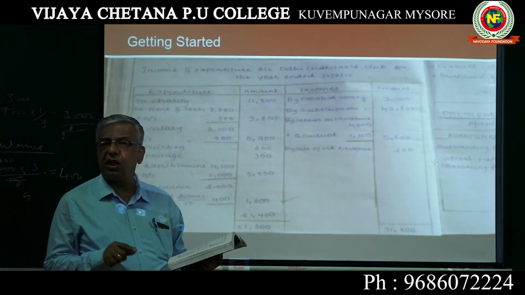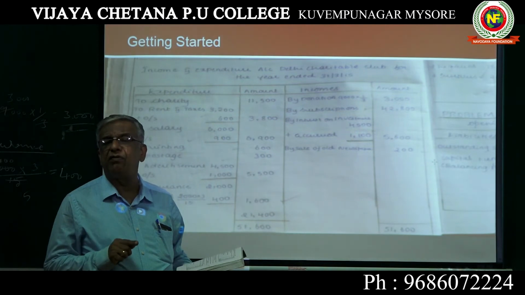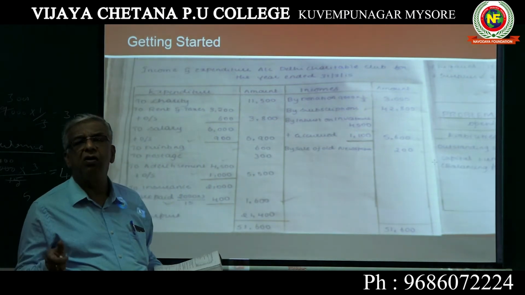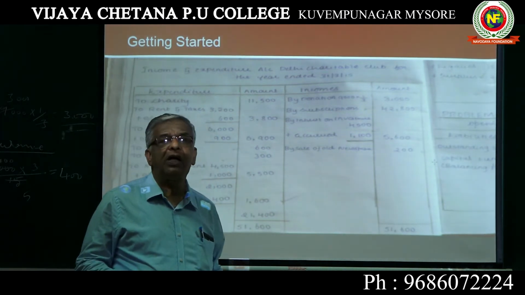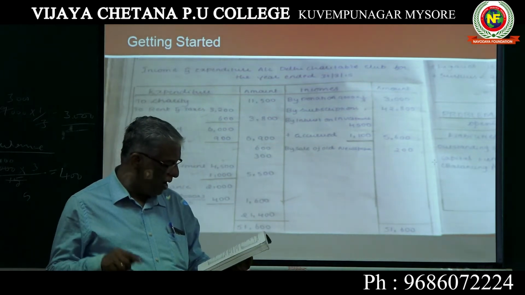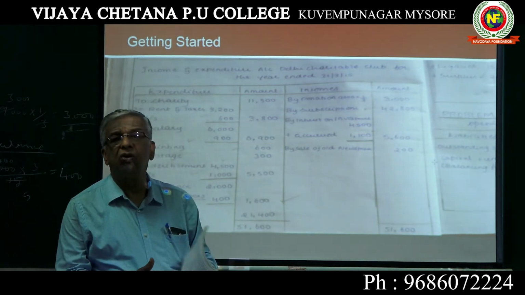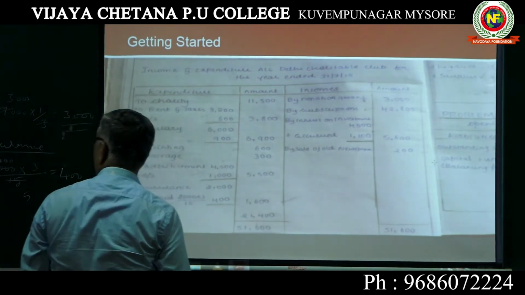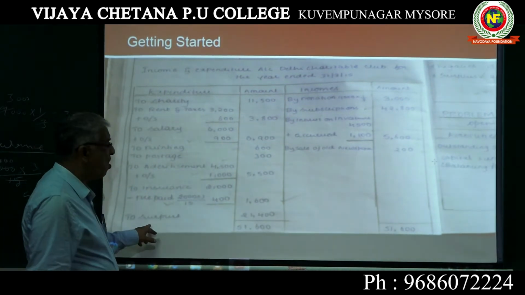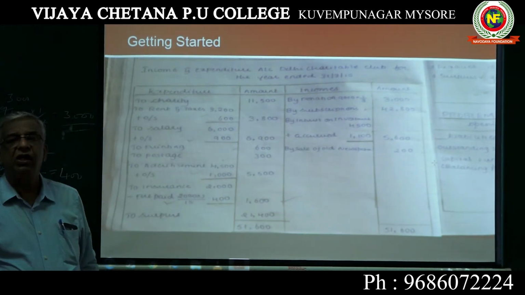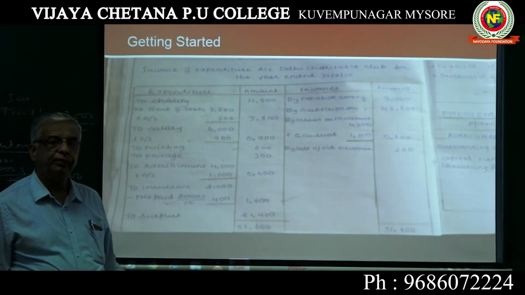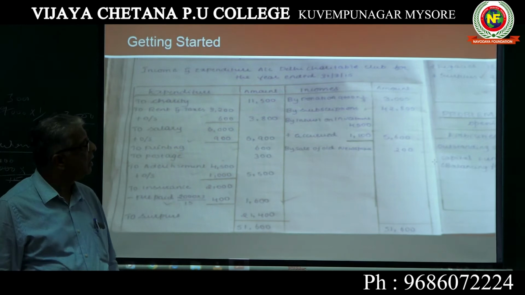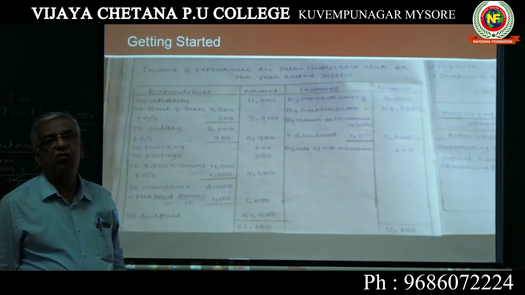The surplus in the textbook is given as 21,500, but it is 21,400. So you have to make this 21,400. This is the surplus or excess of income over expenditure. I hope that all of you have followed this, students.